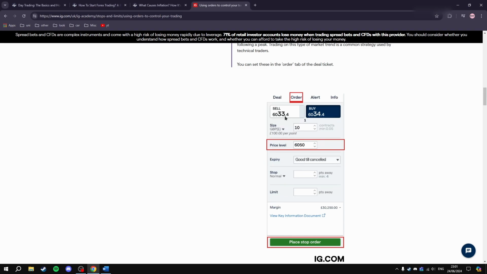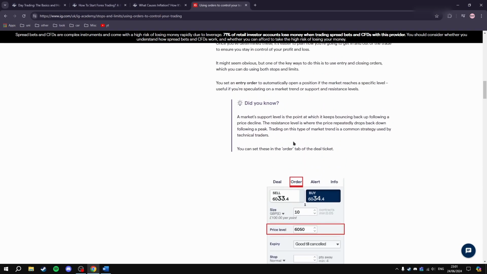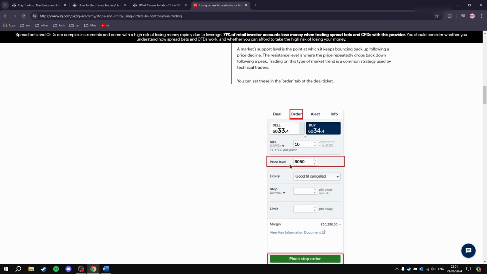So the price level is your entry order, where you're going to be entering. Your position size, £100 per point, so I think this is 10 contracts.